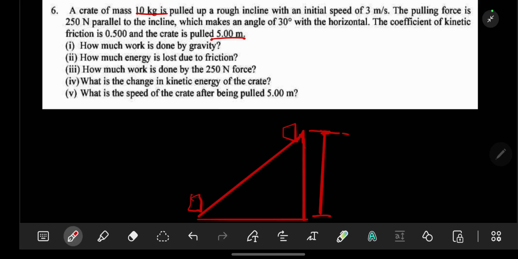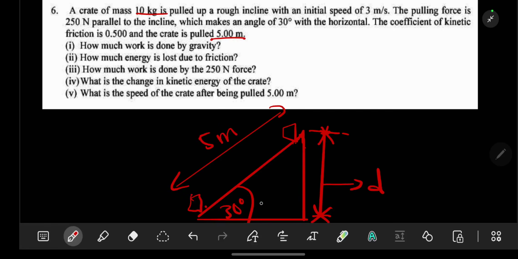That's how come when we look at a non-conservative force, you are going to be interested in what distance it has moved. But for a conservative force, you are just going to look at the initial position and the final position. Yes, it was here, but what is the gain in the height? So this is the distance that you use. If you have the angle 30 degrees, then you have 5 meters. Without wasting time, the opposite side is associated with sine.